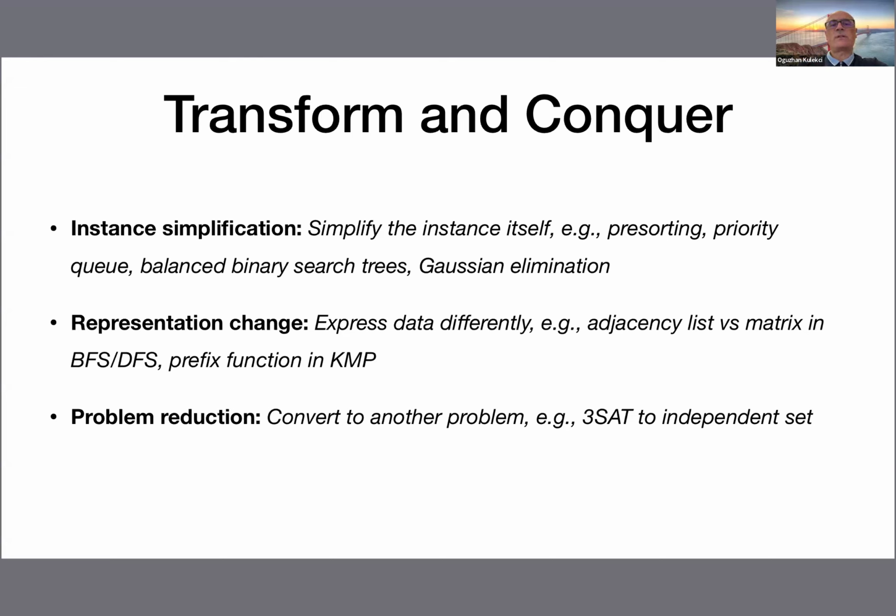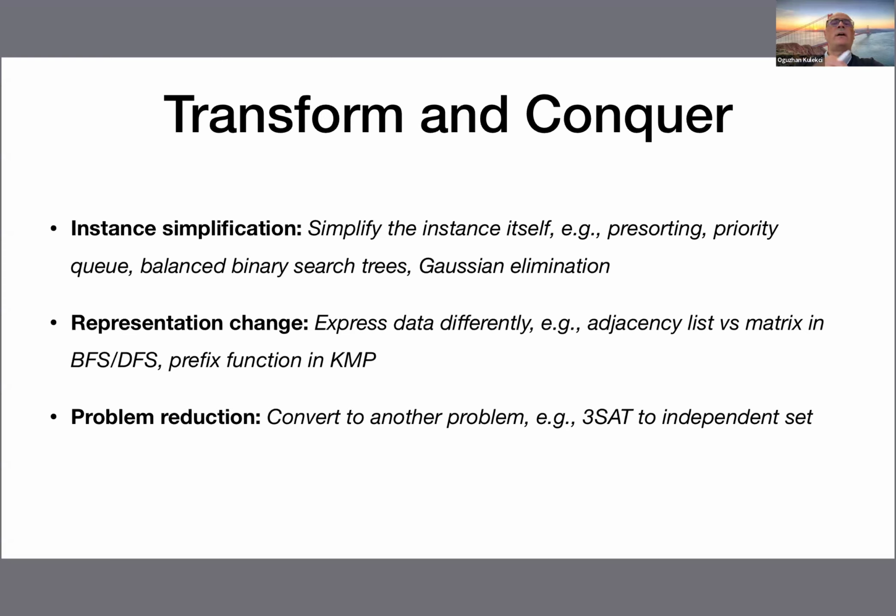Third type of transformation is the problem reduction. So that is something deeper, okay? Why? Because now you are not simplifying the instance. You are not making a change in the representation. You are doing something more. You are converting your problem to another problem.